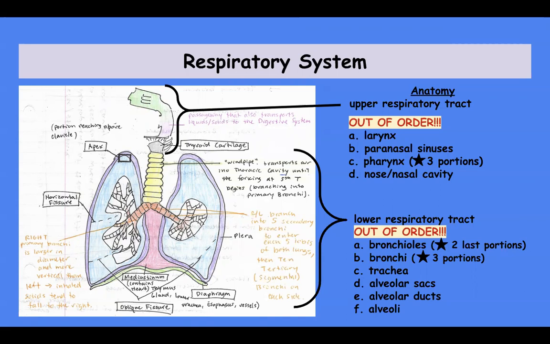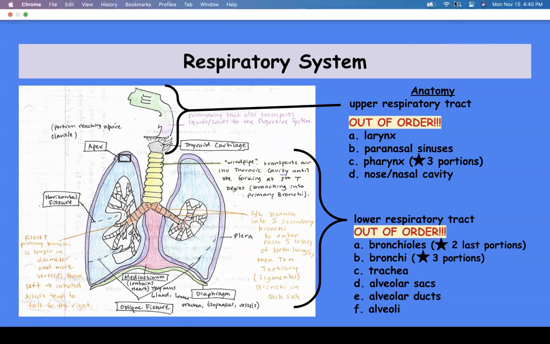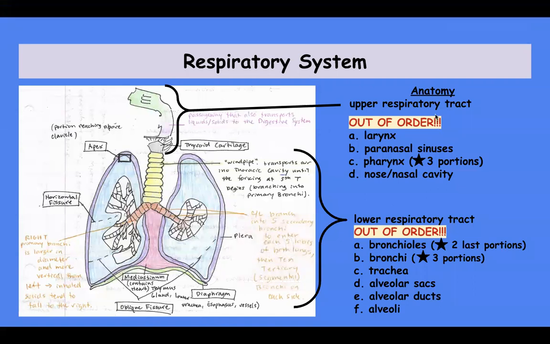This pathway of air from the atmosphere into our respiratory system, into our lungs, is going to hit all of these organs that line up our respiratory system. But we have to be able to identify the correct pathway. So what I want you all to do is rearrange these in the correct order. We'll start with the upper respiratory tract.